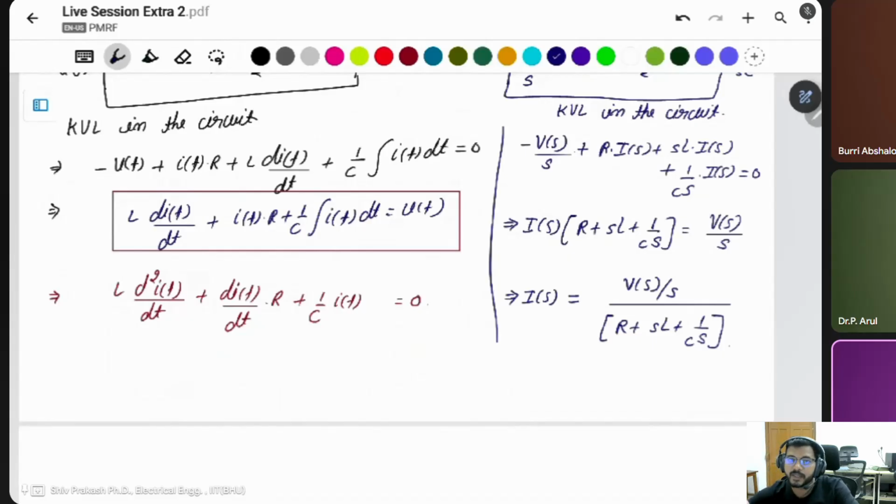This is the current, but this current is in the frequency domain. You take the inverse Laplace of this, then you will get the current in the time domain.